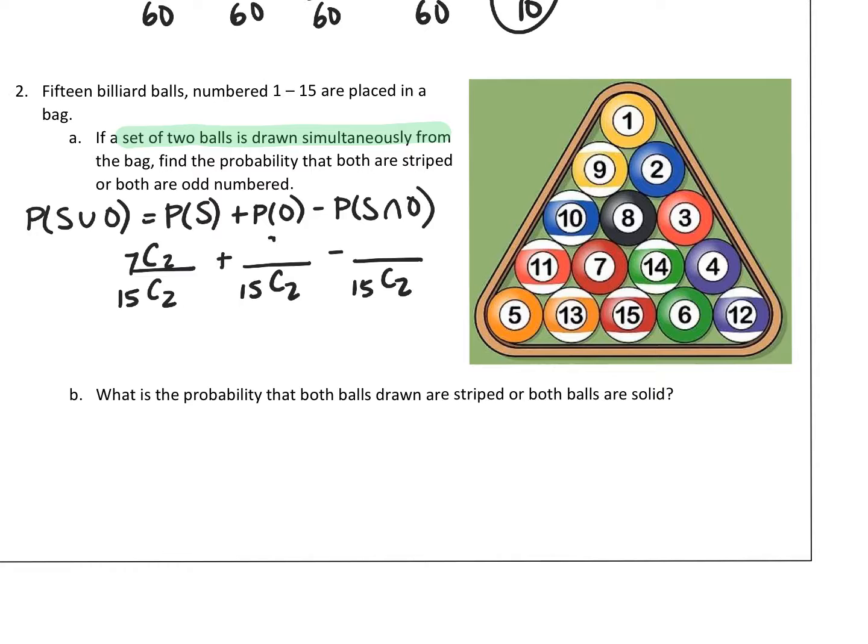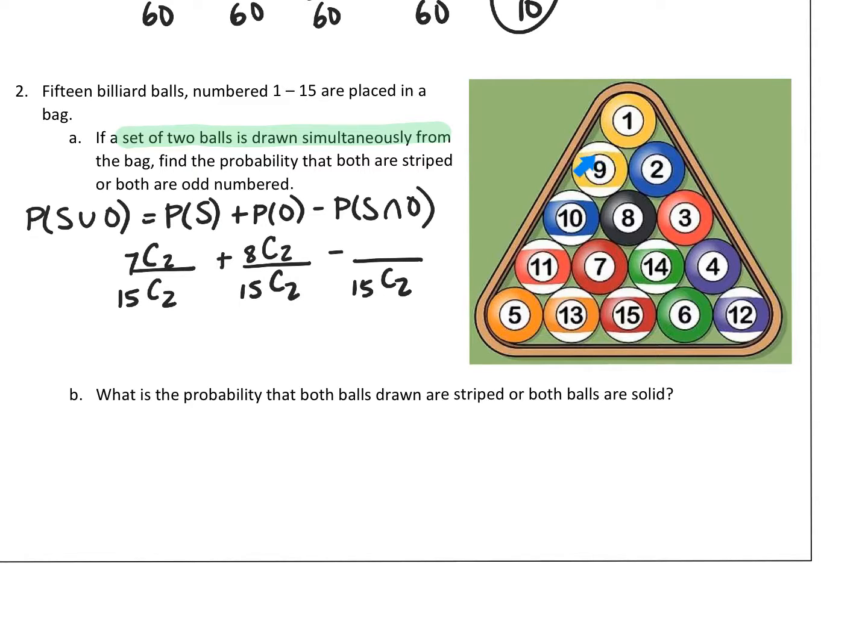Then, same thing, the second scenario, I'm choosing 2, but I'm only going to pick from those that have odd numbers on them. So the number 1, 9, 3, 7, 11, 5, 13, and 15. So that is a total of 8 that have odd numbers on them. Okay, now this last part, what have I double counted? Well, is there anything that is striped and odd?